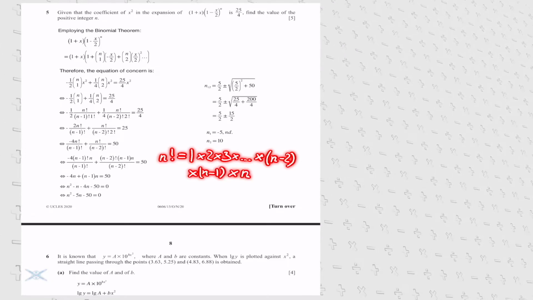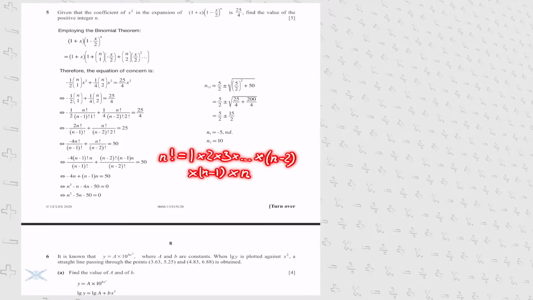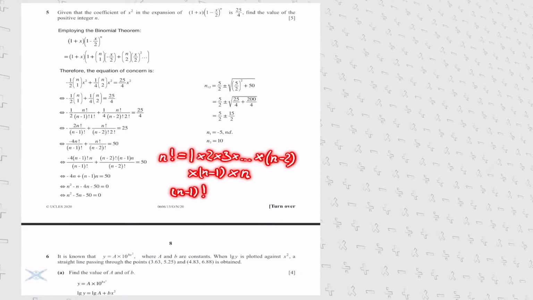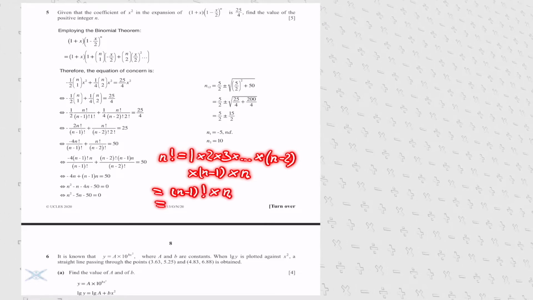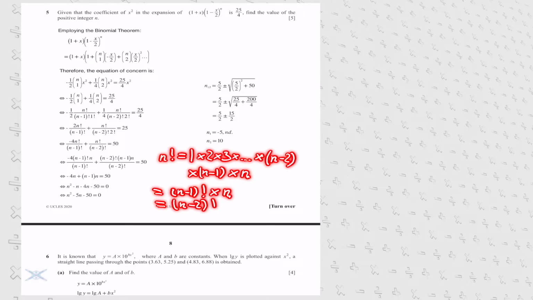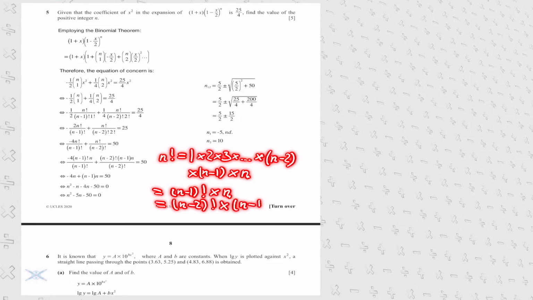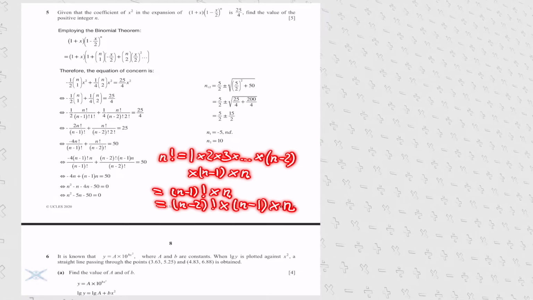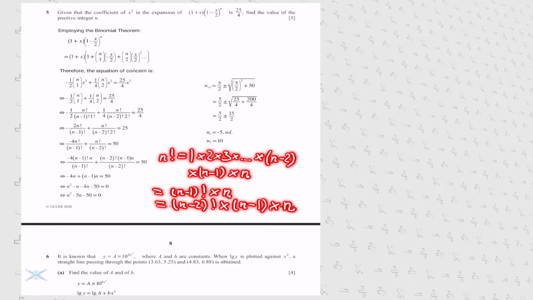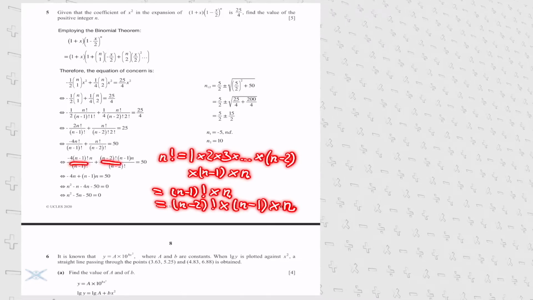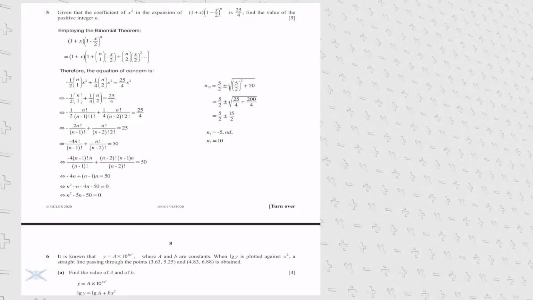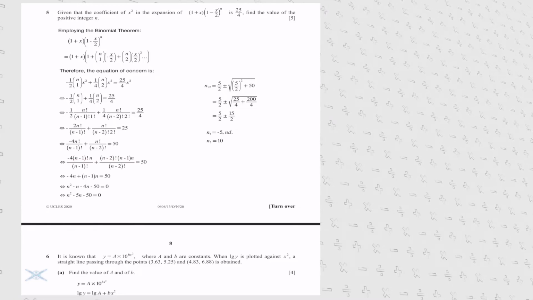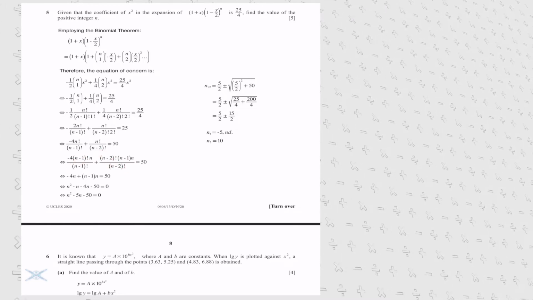Thus, n factorial can be rewritten as the expression n minus 1 factorial multiplied by n, but also n minus 2 factorial multiplied by n minus 1 multiplied by n, which we can find in the numerators of the first and second summand of this equation respectively.